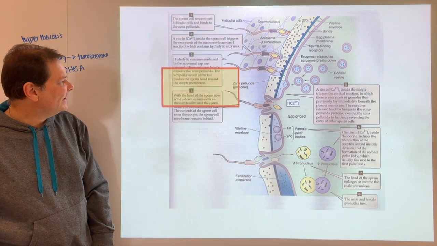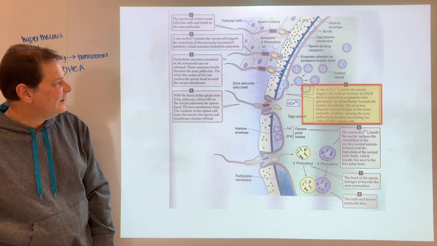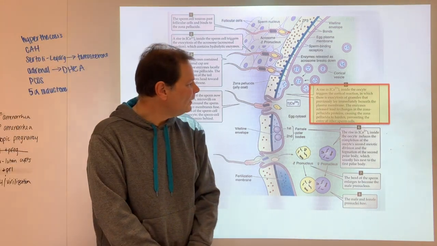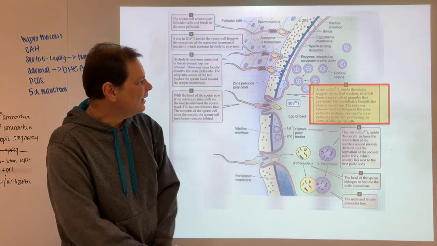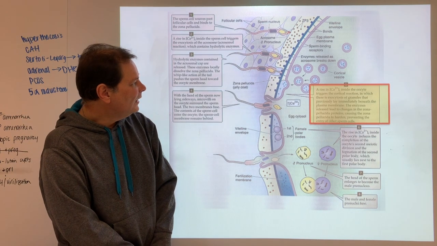And the hydrolytic enzymes tunnel you through the zona pellucida, and you get endocytosis of the contents of the head of the sperm, the nuclear contents.